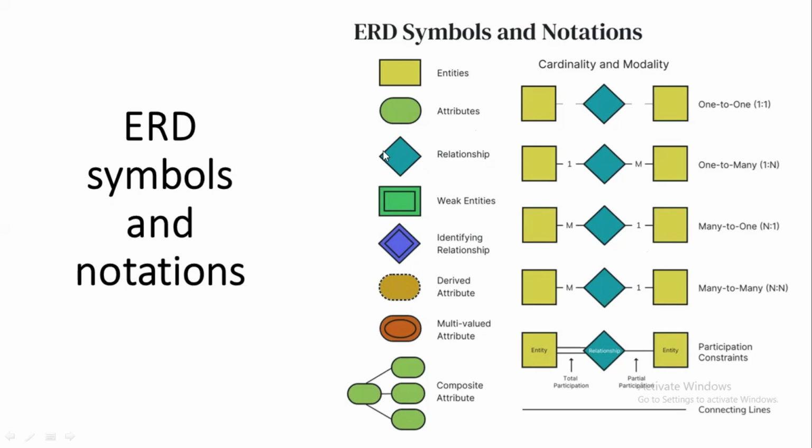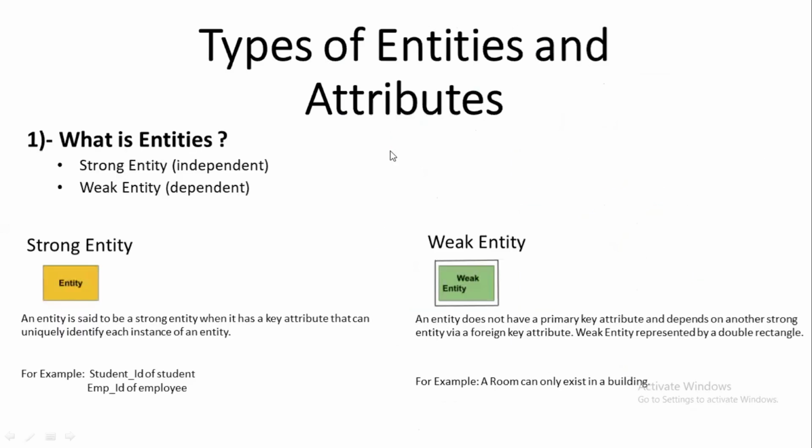Next, we want to consider the types of entities and attributes. Previously I gave a small description of the entity. Here we get deeper knowledge about the entity. Someone may ask, what is an entity? We can say an entity is an object that exists and is distinguished from other objects.